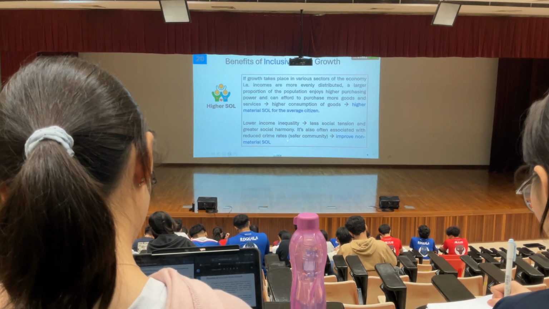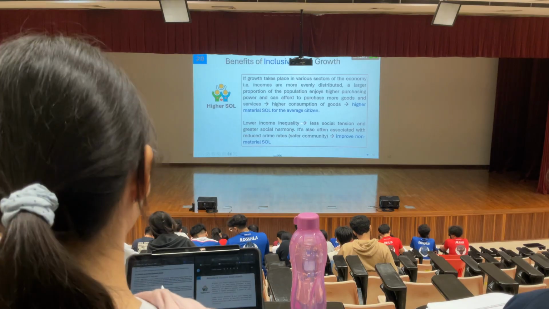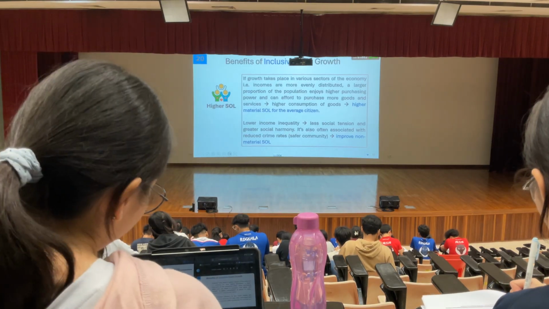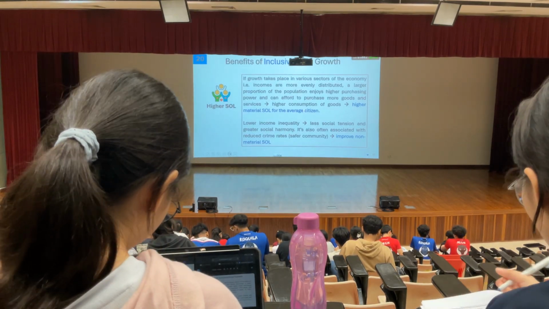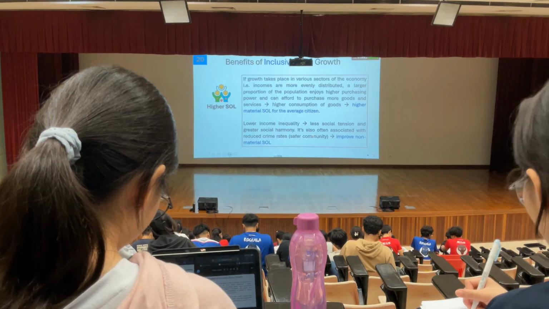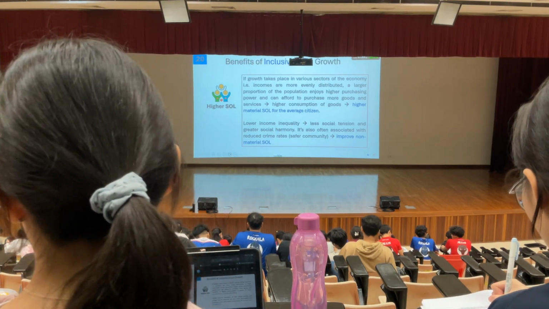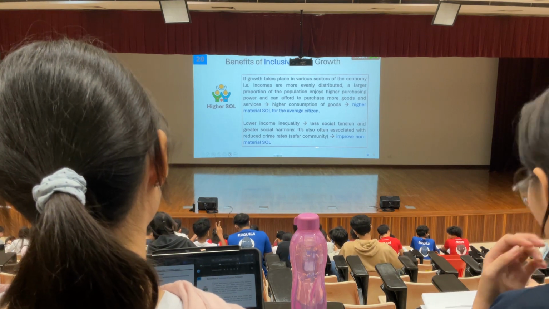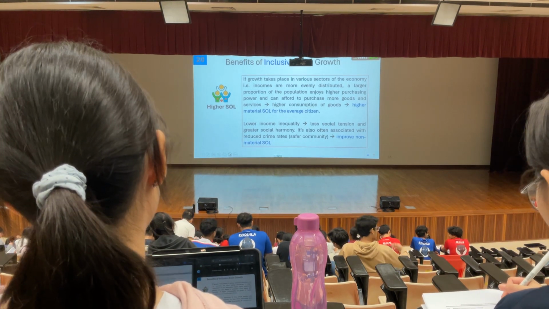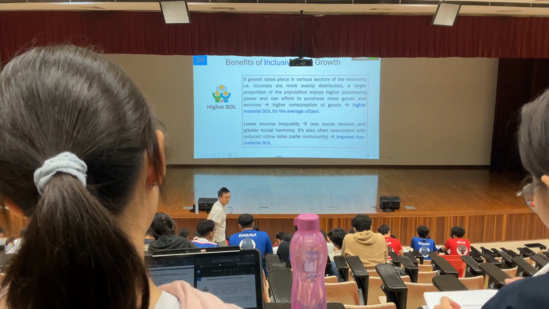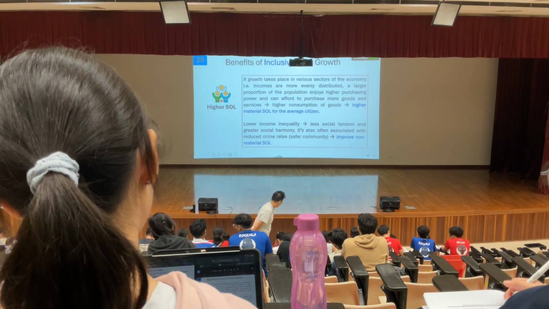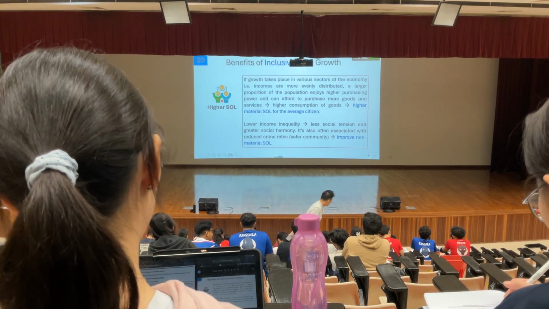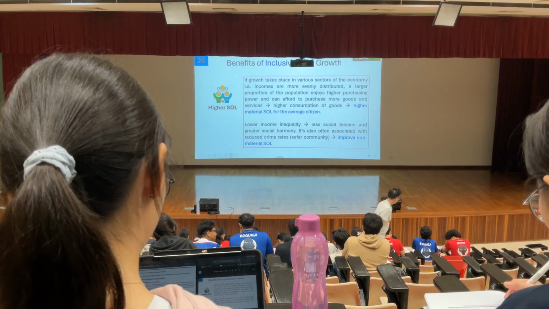When you have lower income inequality, there will be less social tension and greater social harmony. Right? So lower income inequality is also often associated with reduced crime rates, and that can help you to have a safer environment to live in. That will improve the non-material standards of living. Okay, when you achieve more inclusive growth, you will have higher material and non-material standards of living.